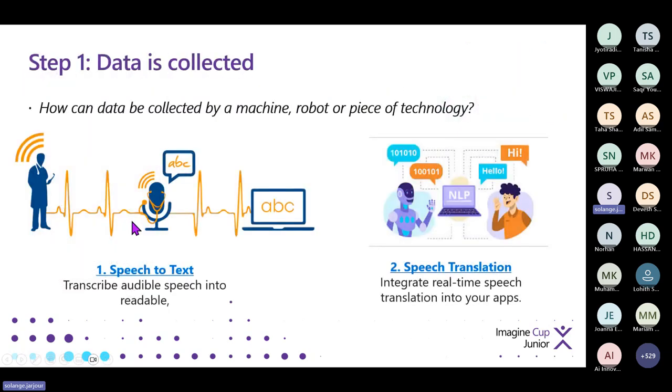Someone mentioned that I will leverage the speech-to-text API, correct? The elderly people, maybe they cannot type, but they can speak. So we can collect their speech and change it to text so that the machine will understand, because remember the machine understands in binary, 1s and 0s. So this is the first step to collect the data.